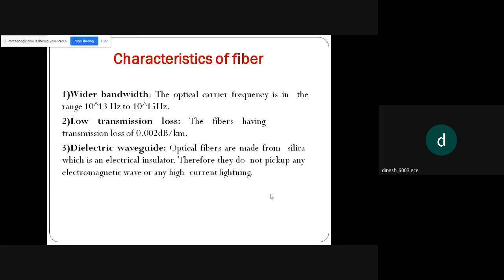As shown in the video, I showed you a molten material which is being heated up, and that gives a resultant glass fiber like structure where we send the optical waves. So that molten material that we heat up is purely silica, which is an electrical insulator.